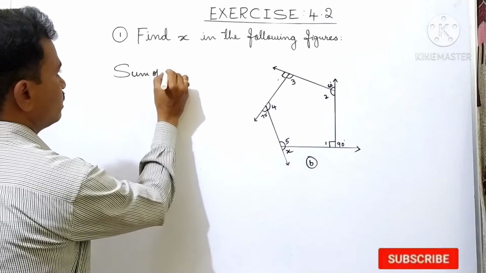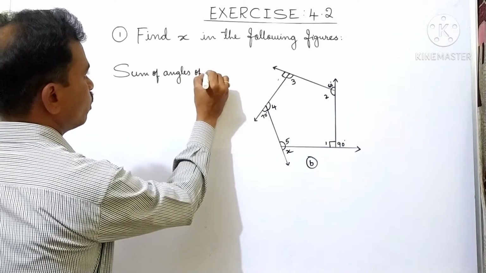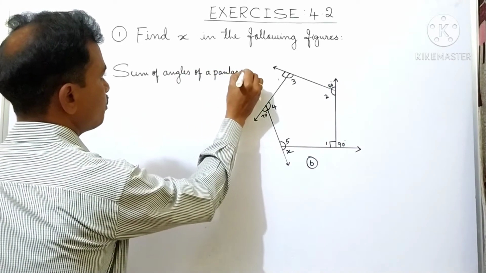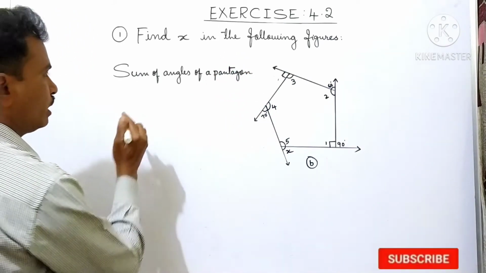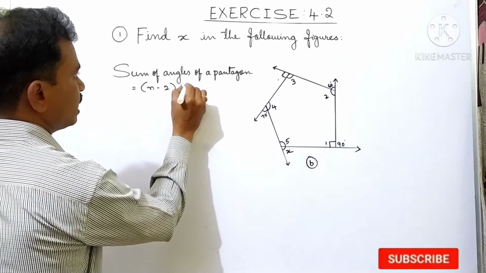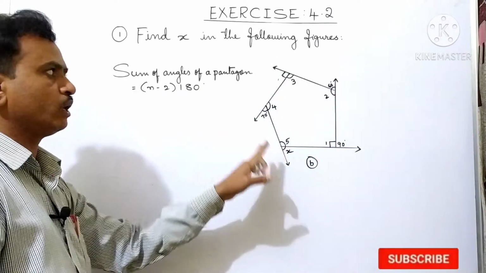Sum of angles of a pentagon means n equal to 5 we have to take here. So n minus 2 into 180 degree, this formula we have to use to find the interior angles of this pentagon.